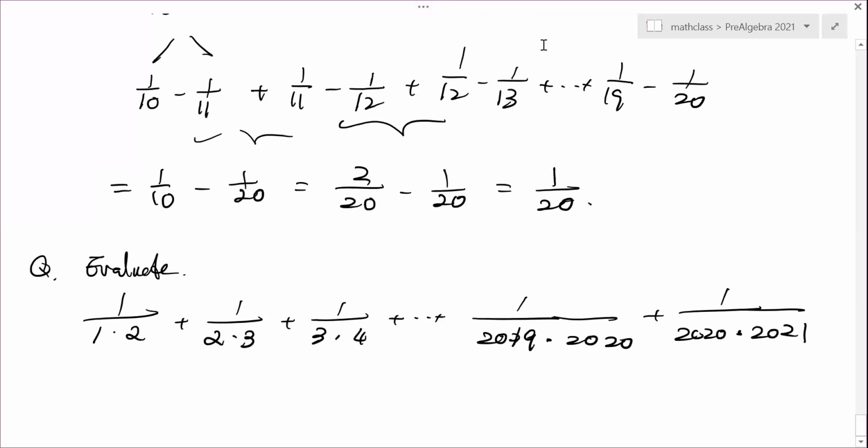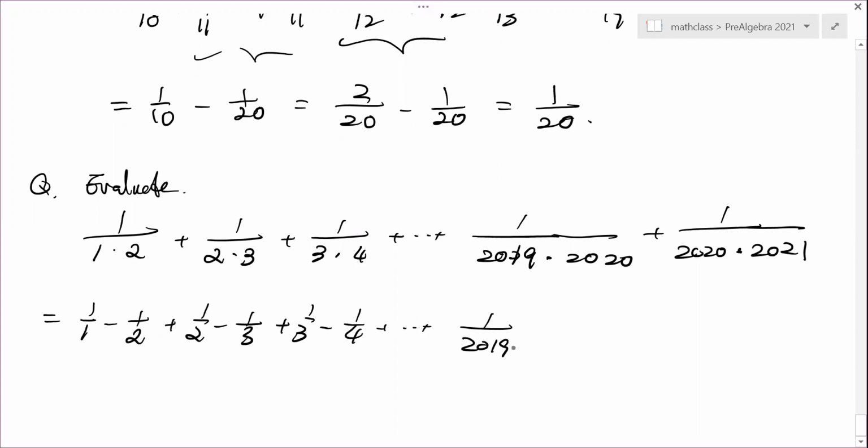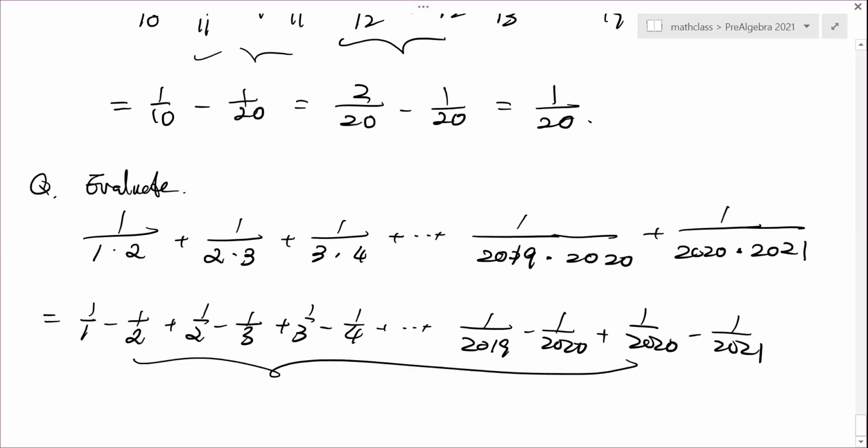All right, let's finish this. It's going to be 1/1 minus 1/2, 1/2 minus 1/3, 1/3 minus 1/4, and keep it going. Then all of them in the middle will be canceled out.